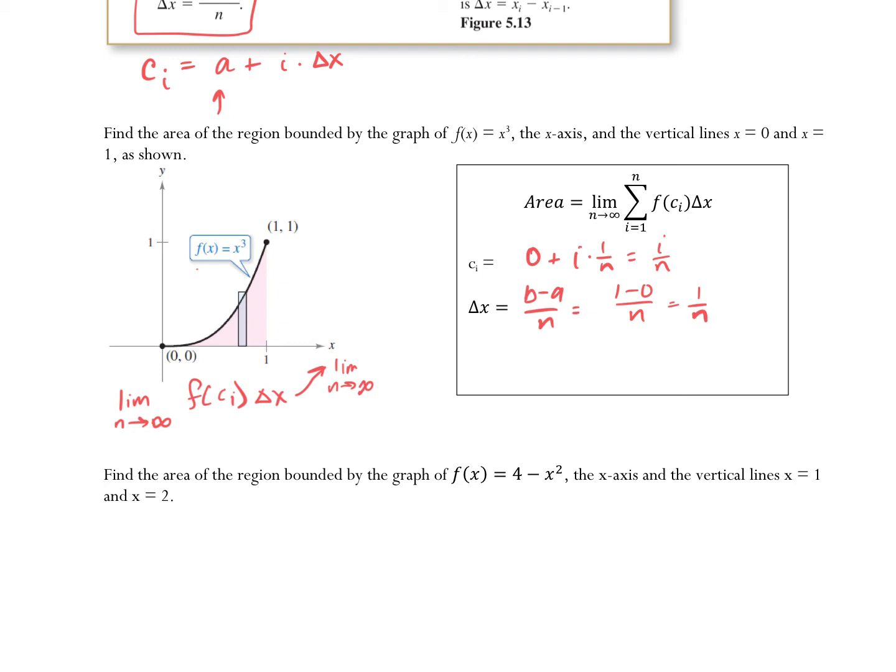Okay. Well, what would f of I over n be? What was my function? So f of I over n would be I over n cubed, times delta x, which would be times 1 over n. Are we feeling okay so far?